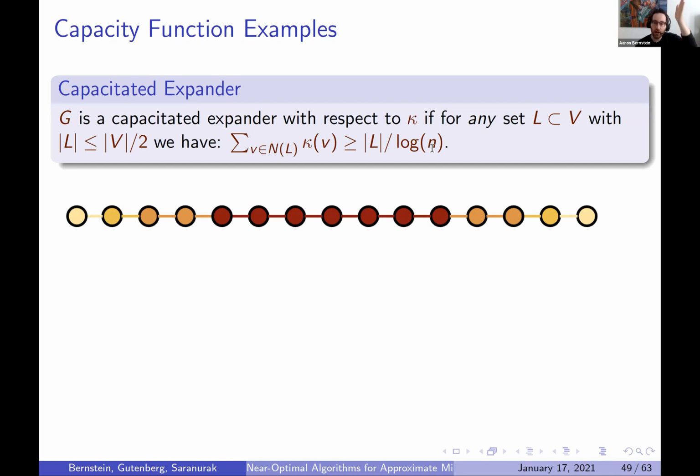Because if you draw any cut in the graph, then the neighborhood is just a single vertex. If you fix any prefix of the path, then that whole prefix is adjacent to only the single next vertex. So that single next vertex is going to need really high capacity to accommodate the whole prefix. So all of these vertices in the middle are going to need really high capacity, close to n, or like n over log n.